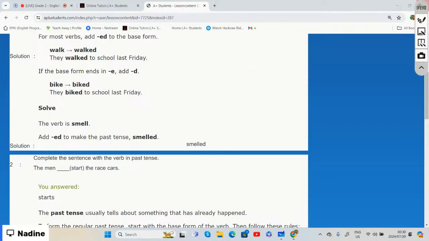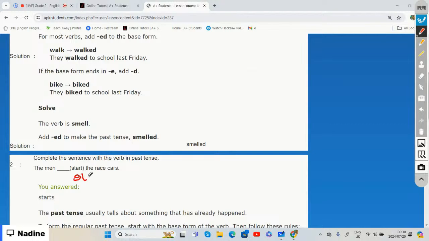That is our base word. So now we can say the men started. Started, because we had to add an ed. The race cars.